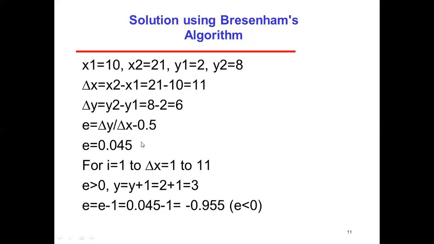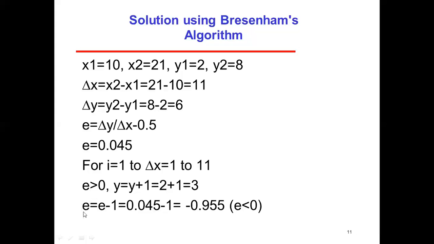Okay, so here we will see that this value is positive. Initially we will assign this value to E and we will calculate the value of E. Here E is greater than 0. So y equals y plus 1 equals 2 plus 1 equals 3. So if E is positive, then we will add 1 to the y value, and we will get the new value of y.